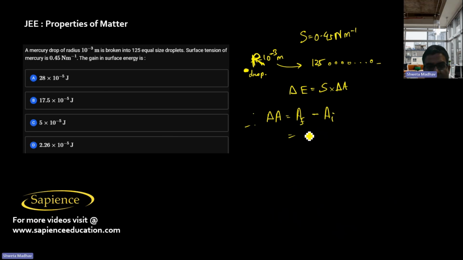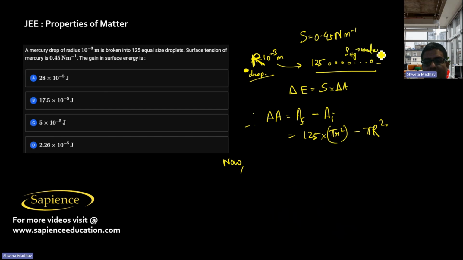This will be 125 equal droplets, so 125 into pi r square, minus pi R square. Now the volume will remain conserved, since the mass is conserved and the density of mercury remains constant.